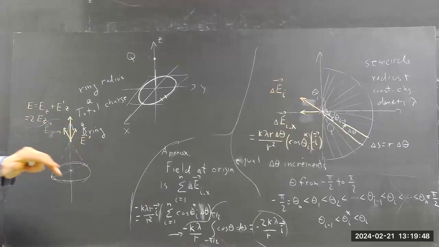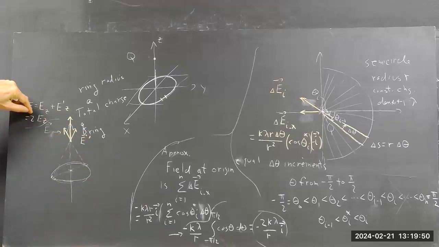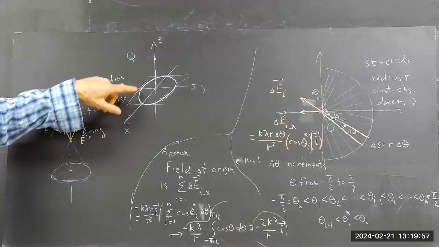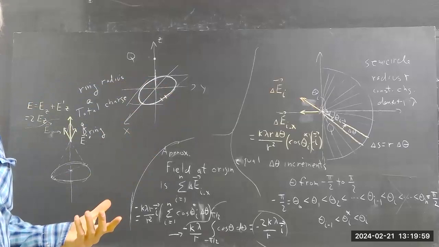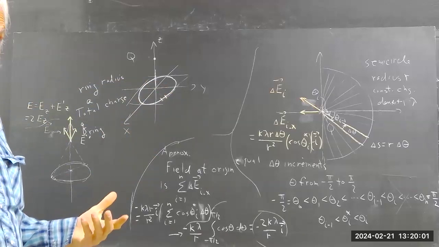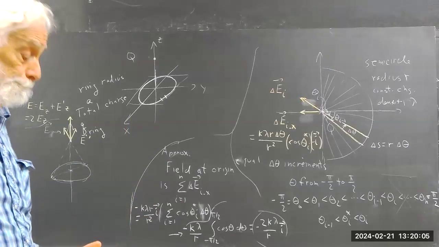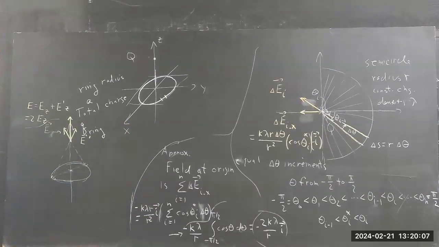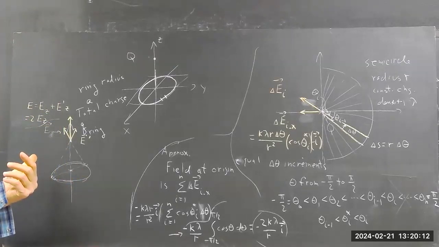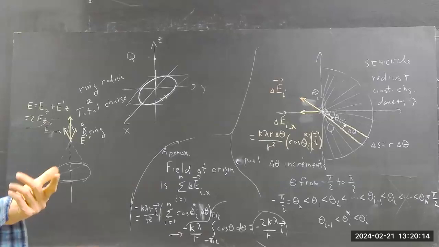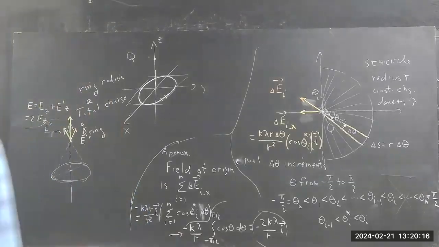Again, the XY components are equal and opposite. So you're just going to have 2 times E sub Z, which kind of means that all you really have to do is partition half of this thing. Okay? And just double it. We're going to partition the whole thing anyway. But that would be perfectly valid, to partition half of it and make a symmetry argument on it. Question, comments?